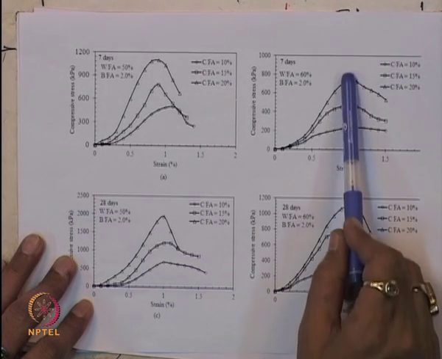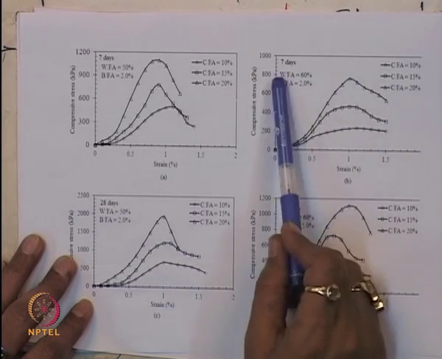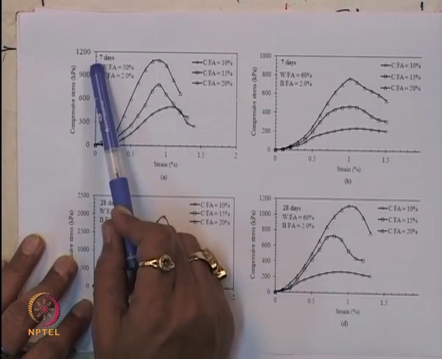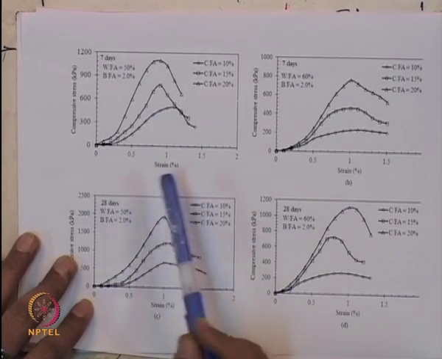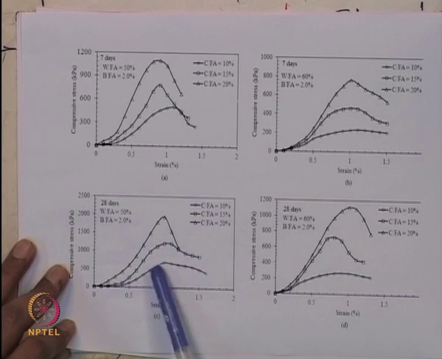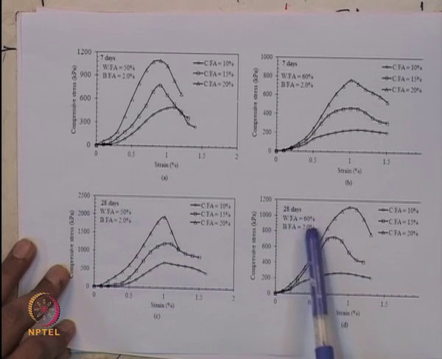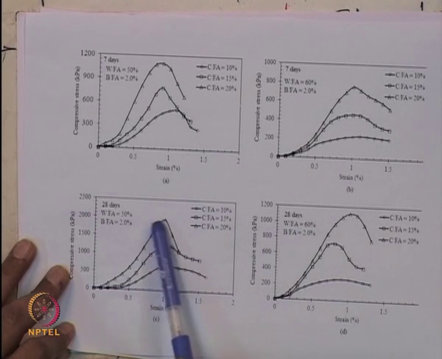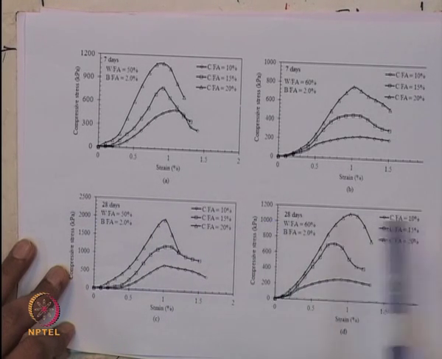But strain is almost less than 1%, but compressive strength value is lower than the compressive strength value for the 7 days where the water to fly ash ratio is 50%. Similarly, this figure also shows water to fly ash ratio is 50% for 28 days. This is water to fly ash ratio 60% with 28 days. So, you can see this value is quite higher with respect to this value.